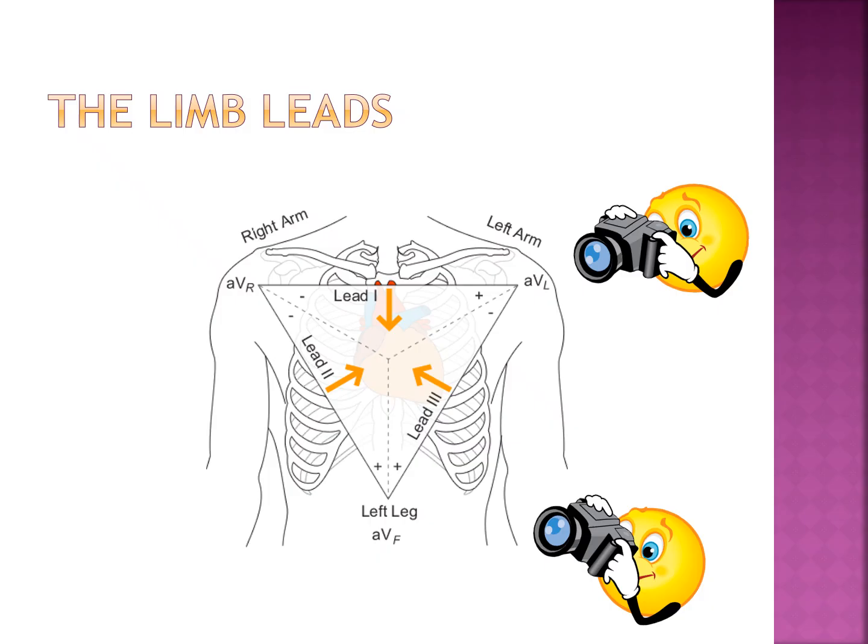If it looks normal, I say, okay, you can take them off. If they look funny to me for some reason, I go in and take a look at it. So if AVR is positive in deflection, think limb lead transposition. They put it on the wrong side.